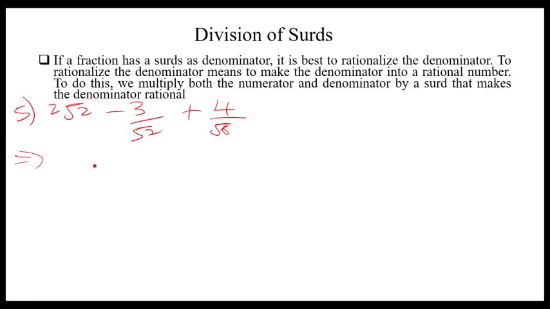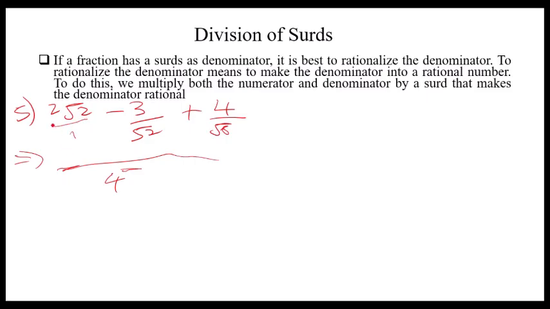But I think the easiest of them is to simply look for the LCM. So root 2 times root 8 gives us root 16, which is the same thing as 4. Right? Root 16 is 4. So 4 here goes once.